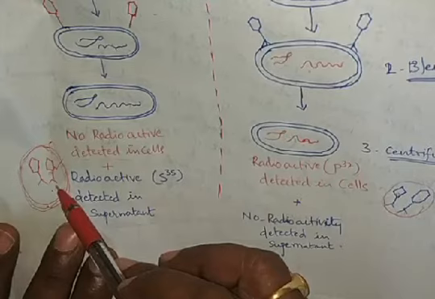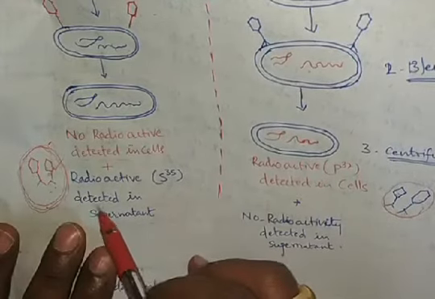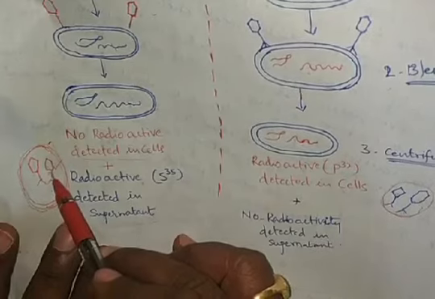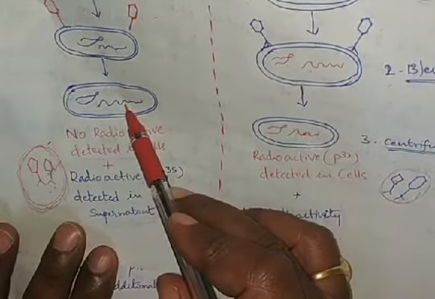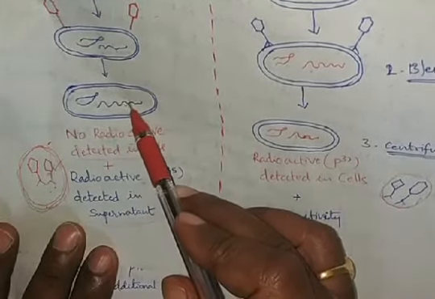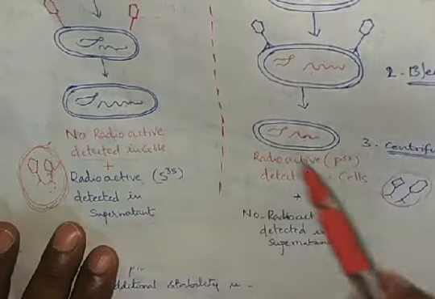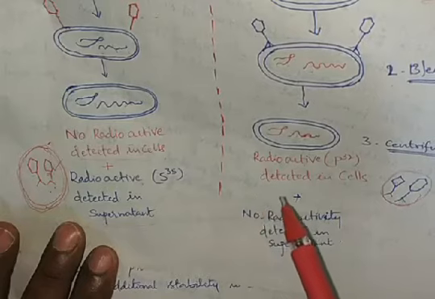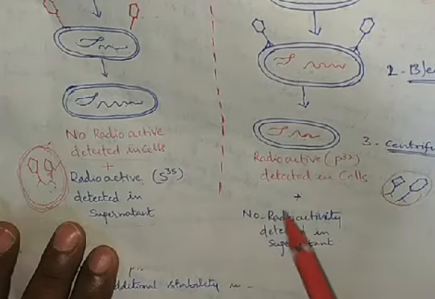That means the radioactive sulfur is present in the protein coats, not in the DNA of the bacteriophages. That means the material that infected the bacteria from the bacteriophages is a DNA.